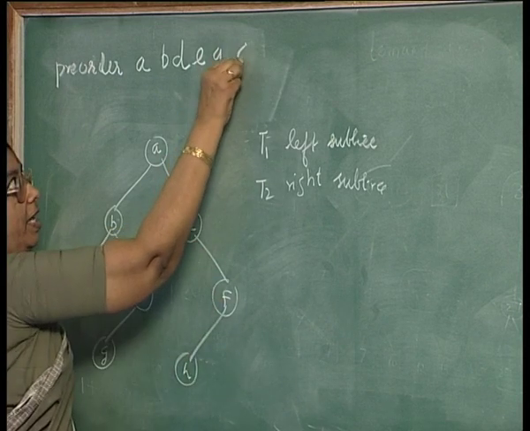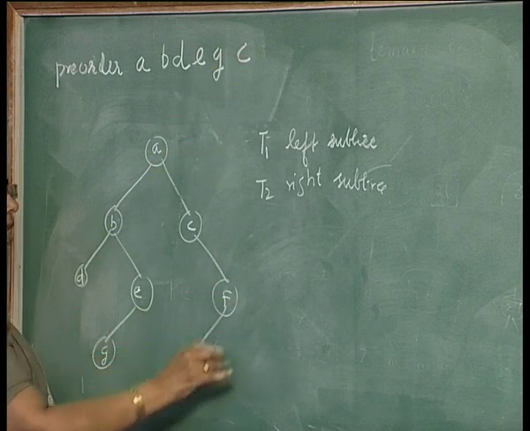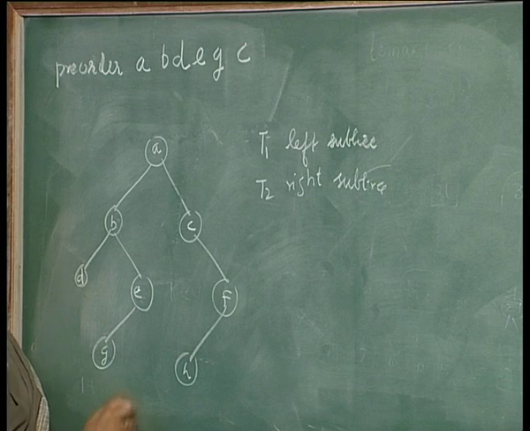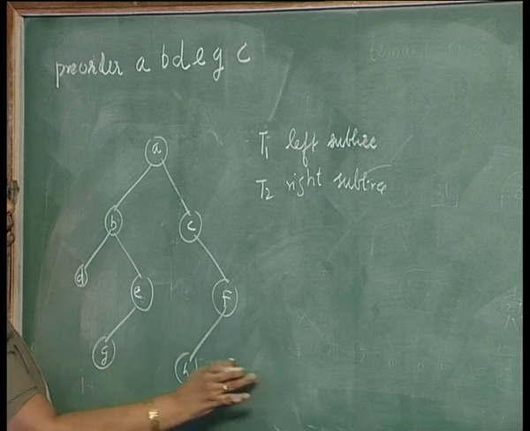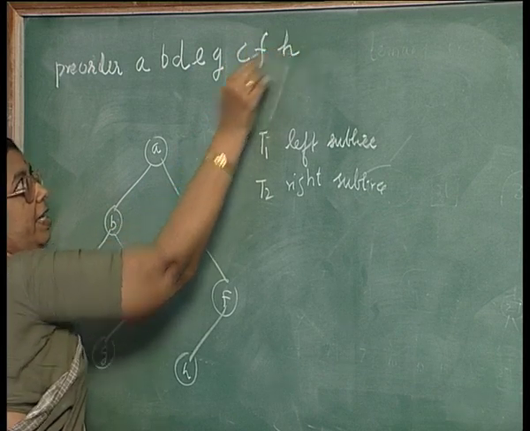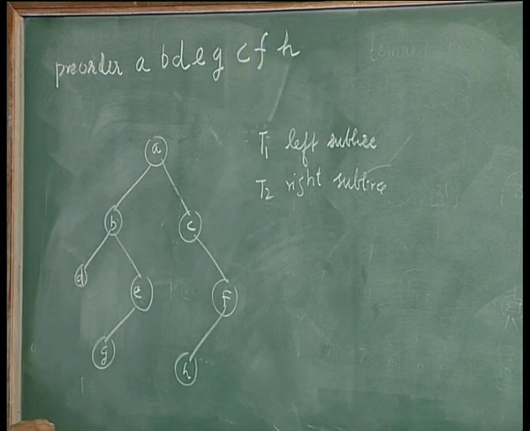So, C, no left subtree and the right subtree. The right subtree again should be visited in the pre-order manner, root first, left subtree and the right subtree. It is F and H. So, the nodes will be visited in this order in the pre-order traversal.